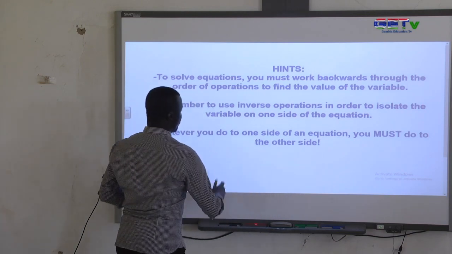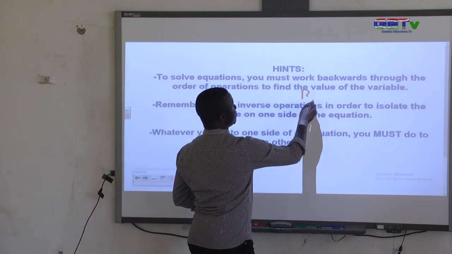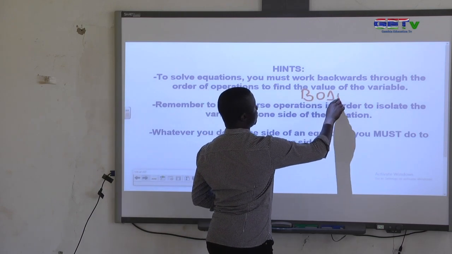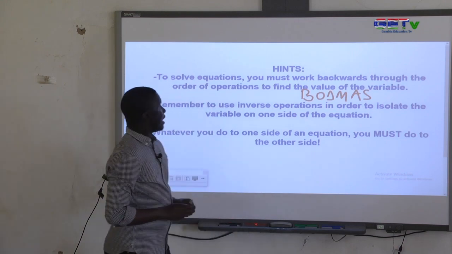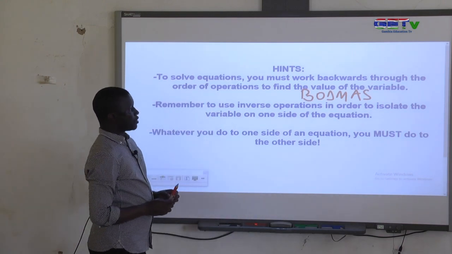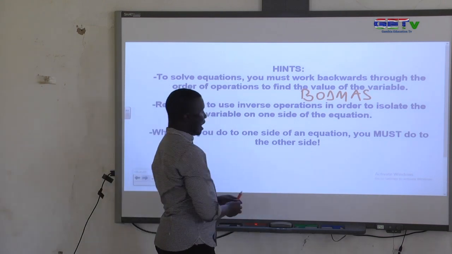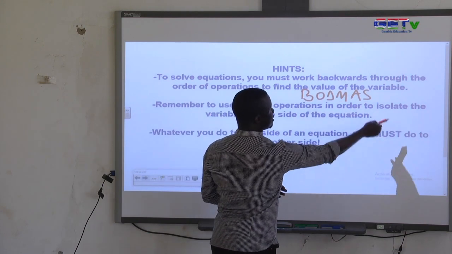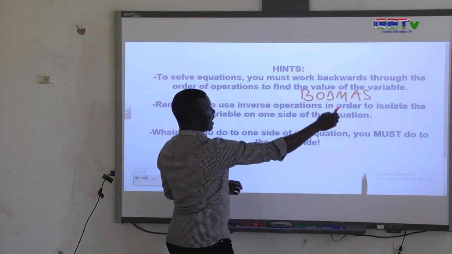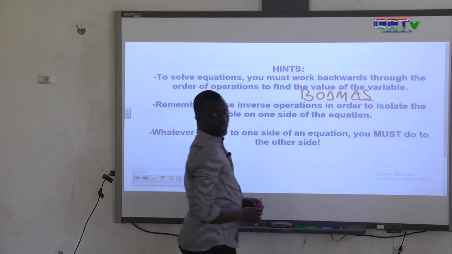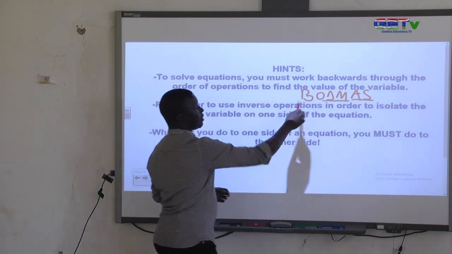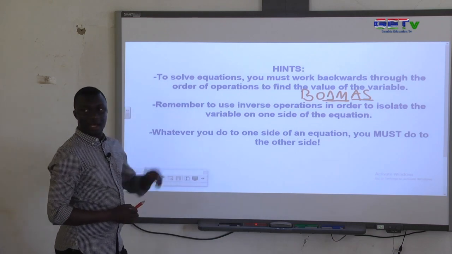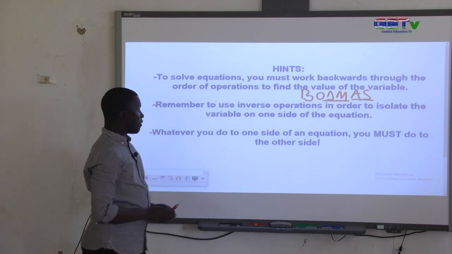We talked about our order of operations here the last time. To solve equations, you work in reverse, starting with either the addition or the subtraction, coming into the multiplication or the division, and the brackets come later on.